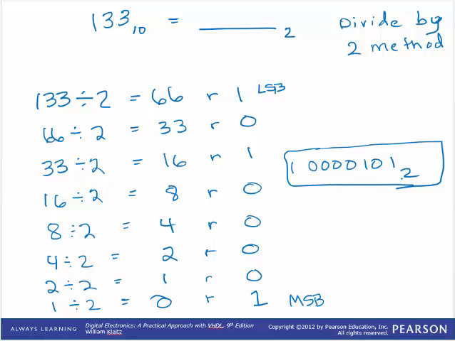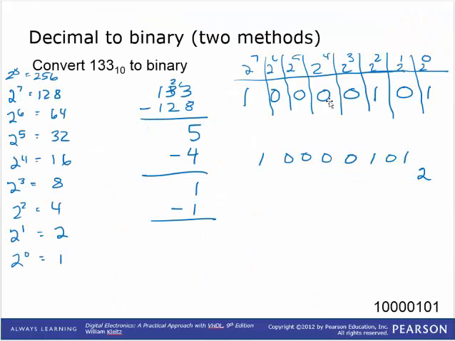And if I go back one slide, sure enough, that was the answer I got by using the weighting factors method to convert decimal to binary. So this is the weighting factors method on this slide.